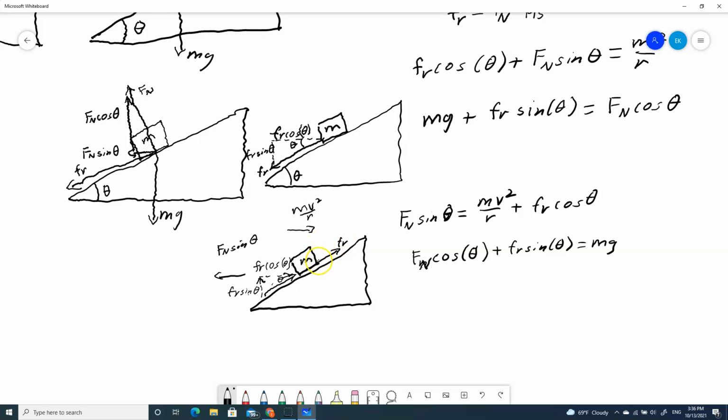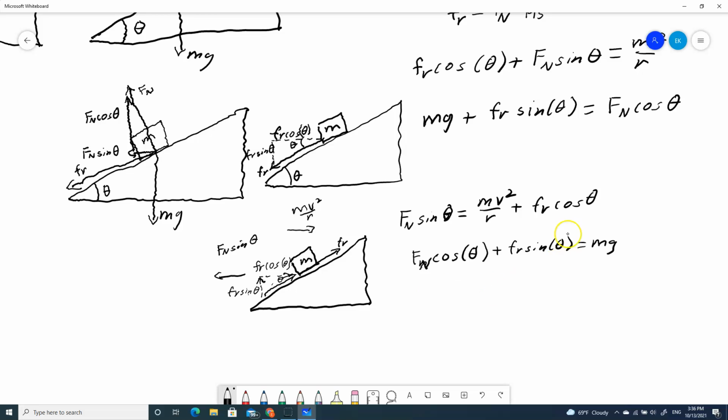Therefore, its vertical component, F_r sin θ, will oppose it sliding down. And F_N cos θ will also oppose the slide down, as usual, because this plane exerts a normal force that has a vertical component upward.